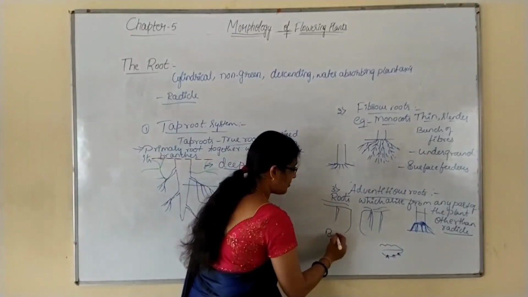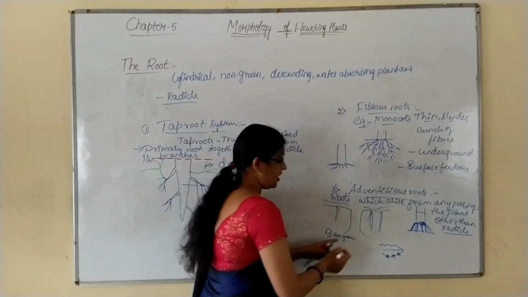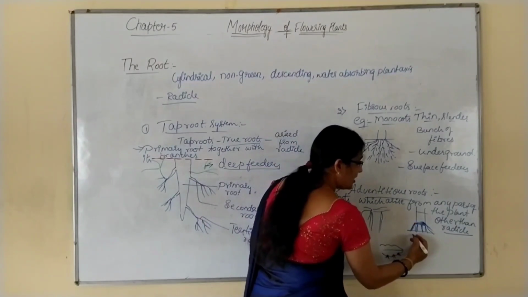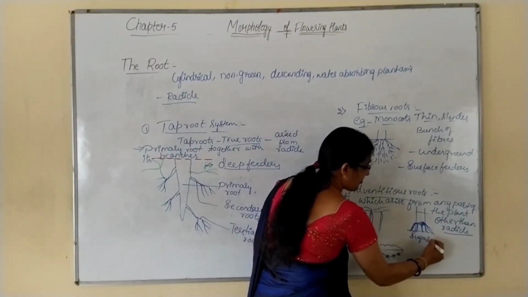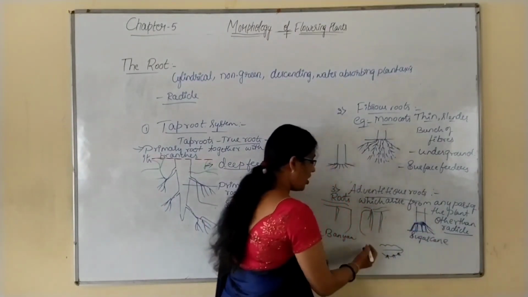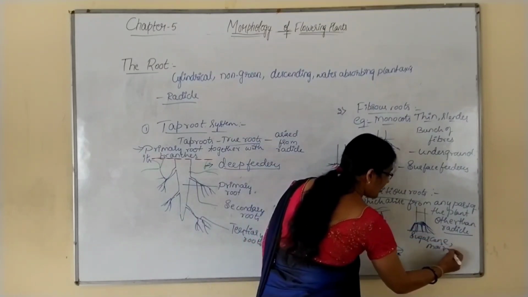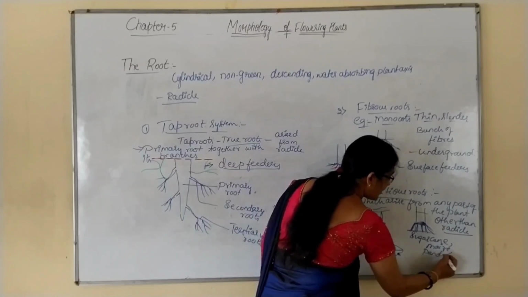Here I have written banyan tree. So this is an example. And here I have written sugarcane. Also maize is an example. Also pandanus.